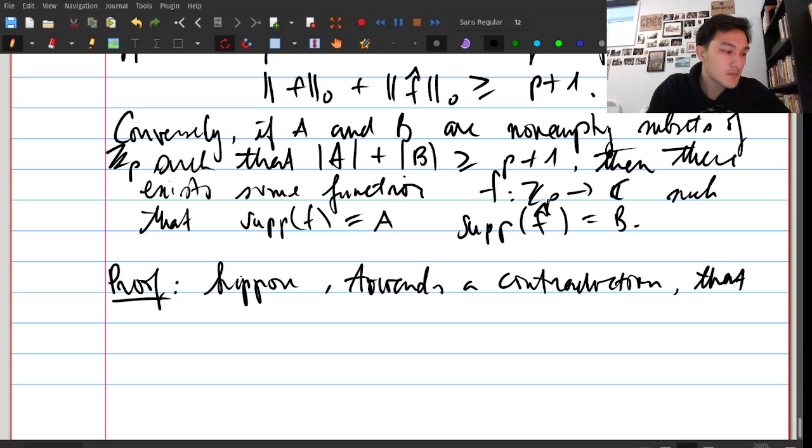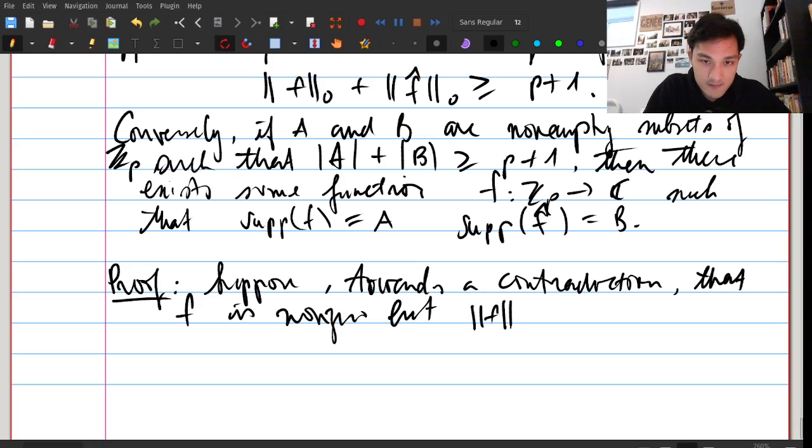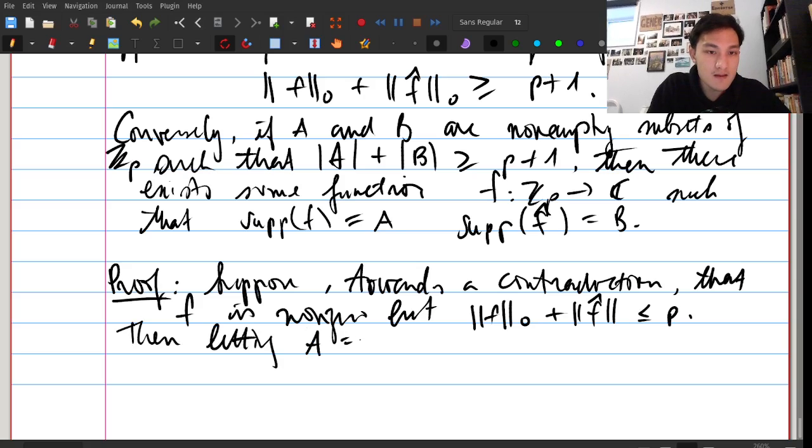that f is non-zero, but by non-zero I mean it's not identically zero, but the size of the support of f plus the size of the support of f hat is less than or equal to p. Then, the support of f hat is not necessarily disjoint from the support of f. It doesn't mean that these two sets are disjoint and have size less than p, but let A be the support of f.